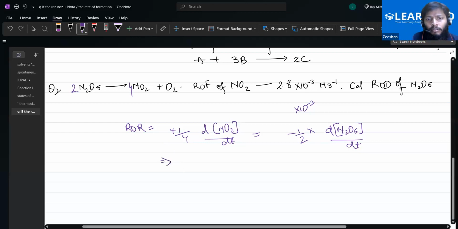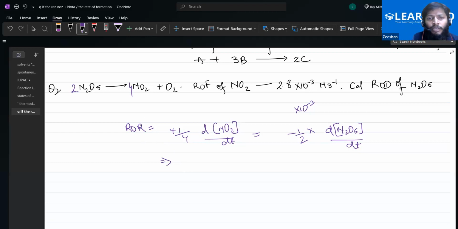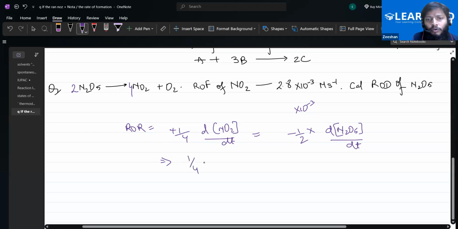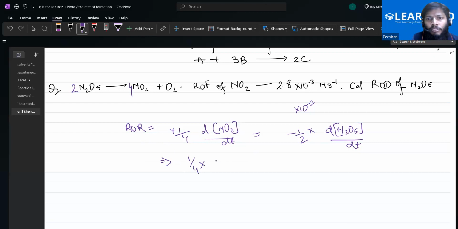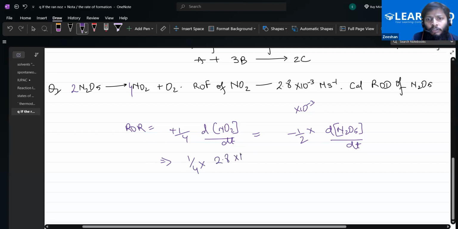Yes, sir. Okay. Since the question is not asking the rate of reaction, we are leaving this part. This will be solved in a minute. NO2 rate of formation is given, 2.8 into 10 to the power of minus 3, and we have minus half times x, as we have to find this one only.